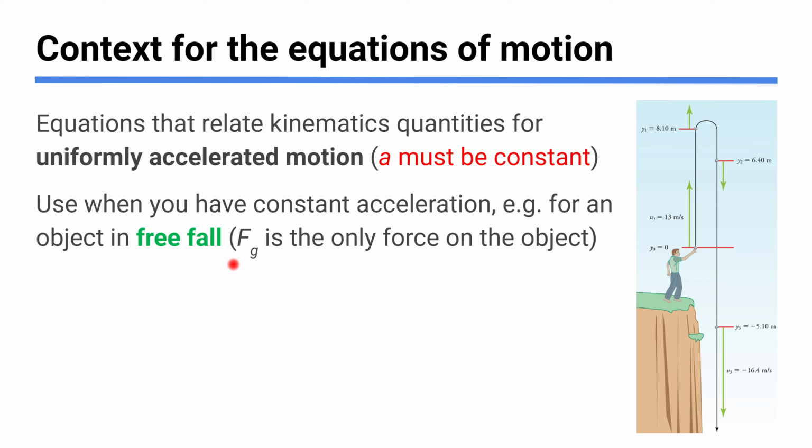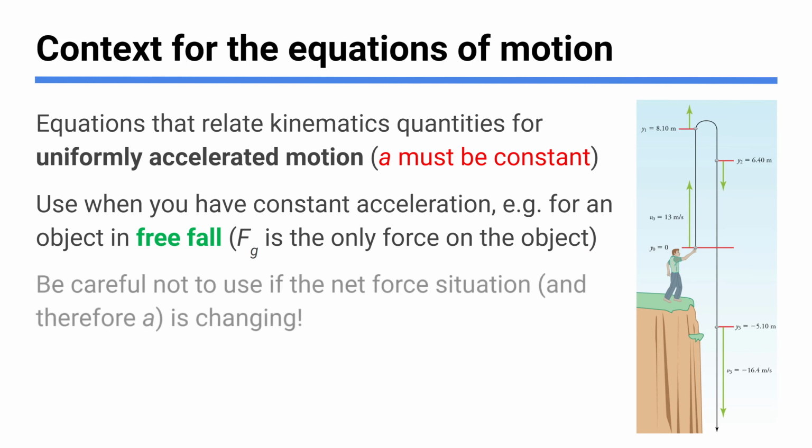So it doesn't just mean something falling through the air. This means we have to be able to convincingly ignore air resistance, which we usually can unless the problem tells us not to. So if you're in free fall, you can use these equations because your acceleration will be negative g, negative 9.8-ish, negative 10-ish meters per second squared. But you can't use this if the acceleration changes.